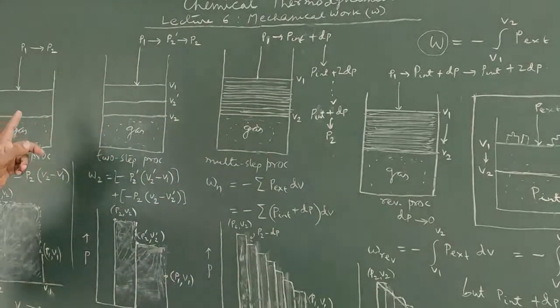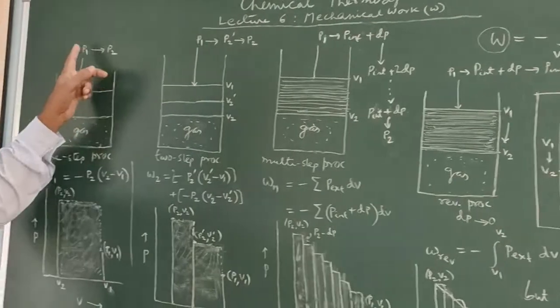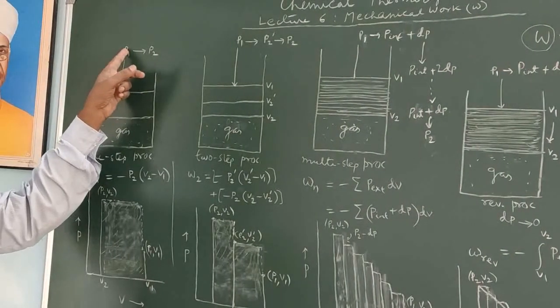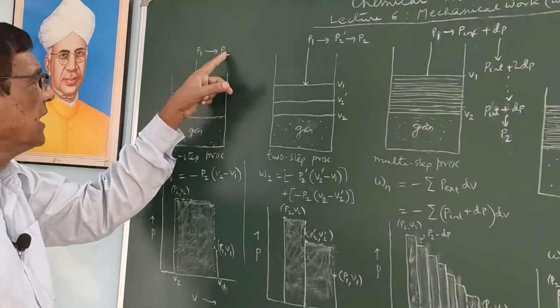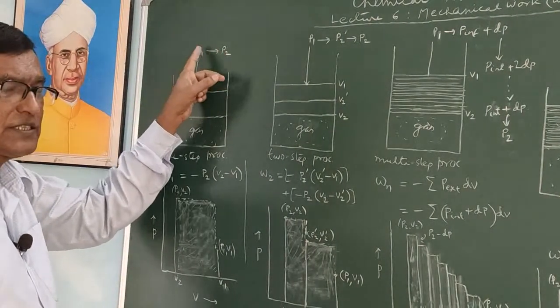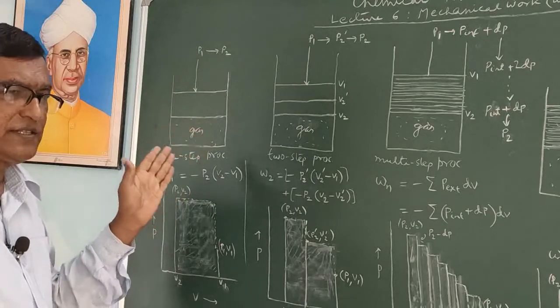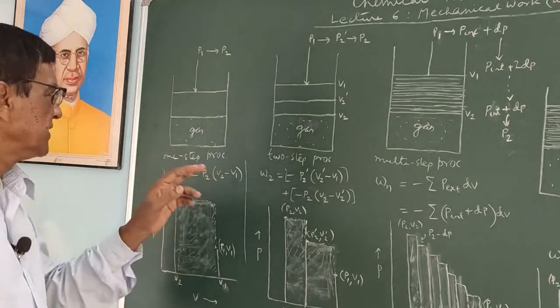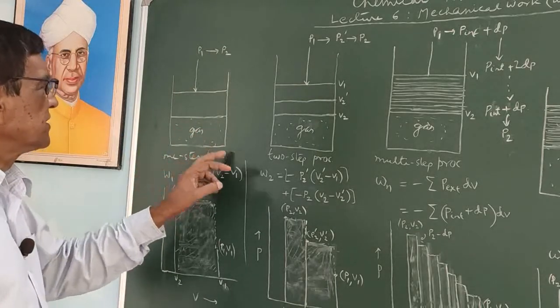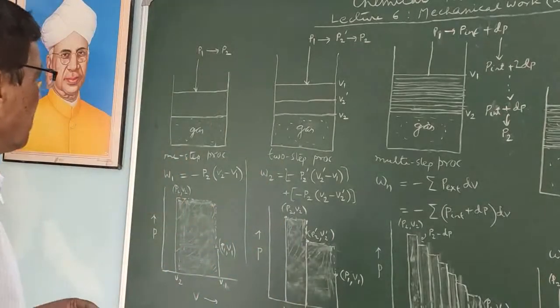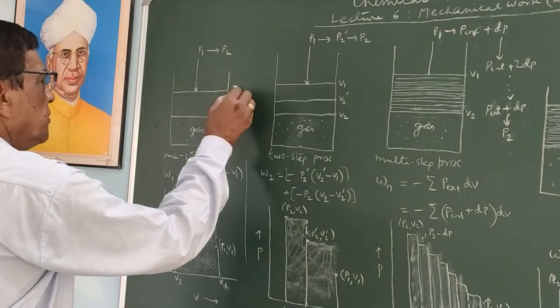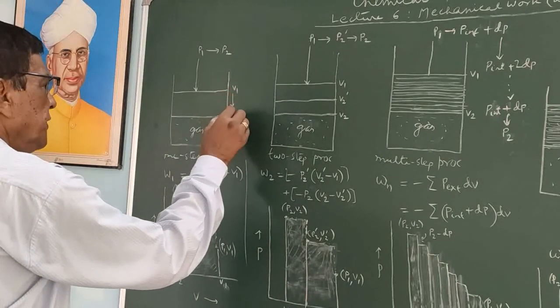This is the gas, P1 is the initial pressure, P2 is the final pressure, and the pressure changes from P1 to P2 in one step, while the volume changes from V1 to V2.